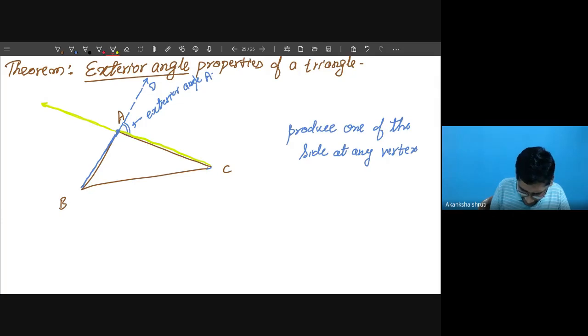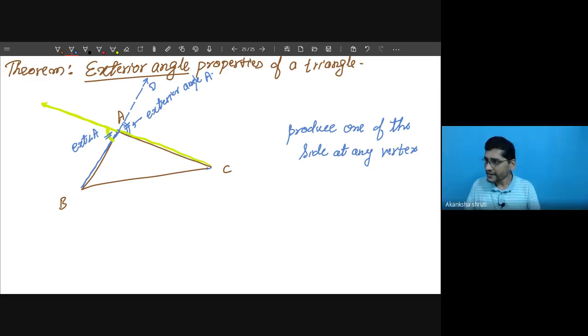At this time, what will be the exterior angle? At this time, the remaining side AB that we are taking, this is the exterior angle. Okay, student, this is the exterior angle A. Now tell me whether this exterior angle and this exterior angle both are same or both are different.